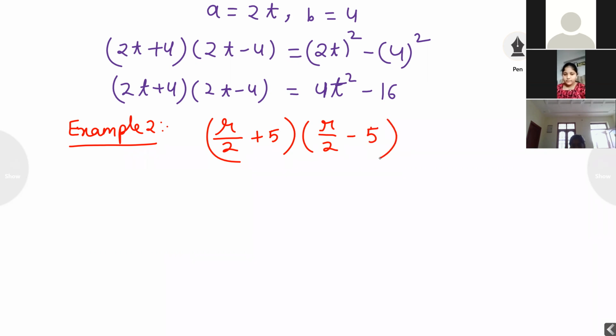This question is also looking like (a plus b)(a minus b). Then we can write here a square minus b square.